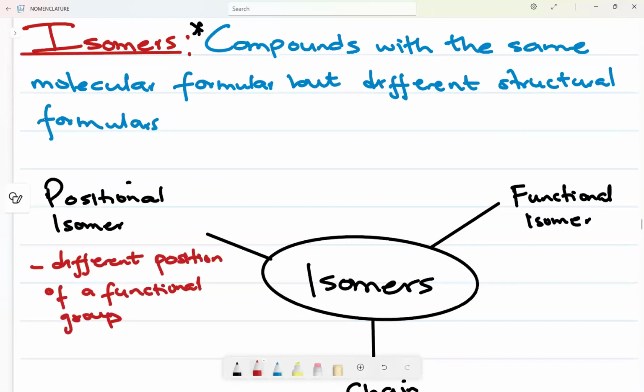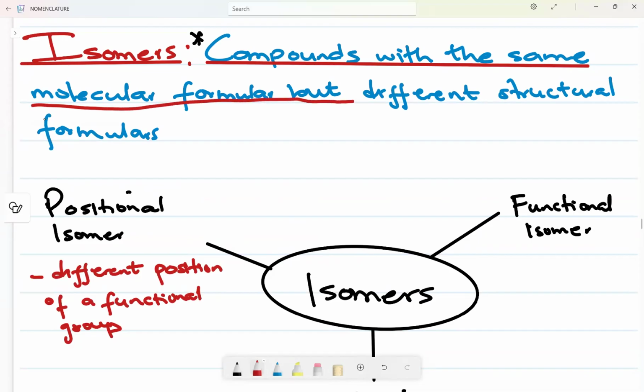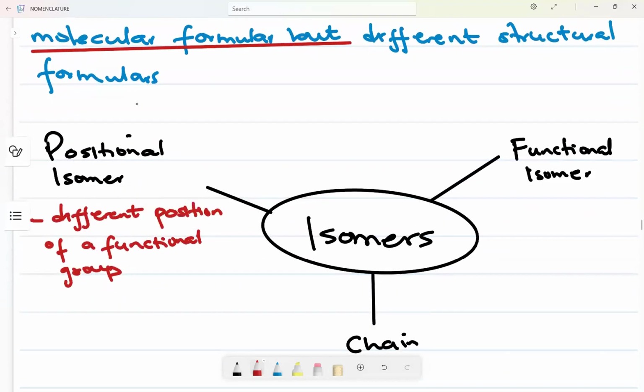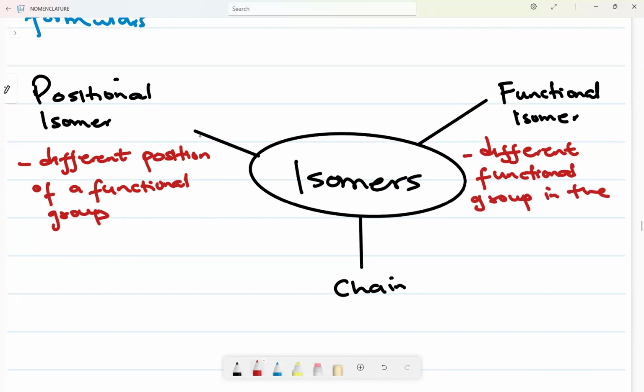The definition is still the same. You will say compounds with the same molecular formula, but what? For positional isomer, different position of a functional group. For functional isomer, you're going to say different functional group in their compound. Can you see?